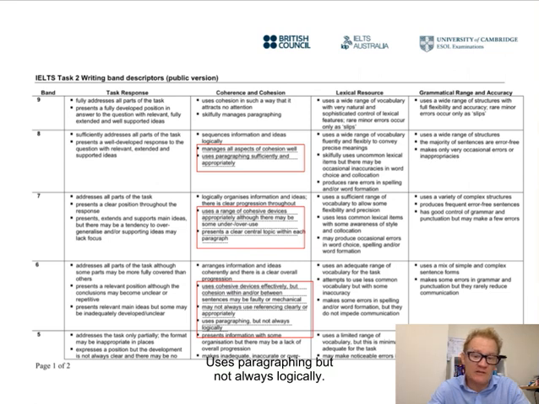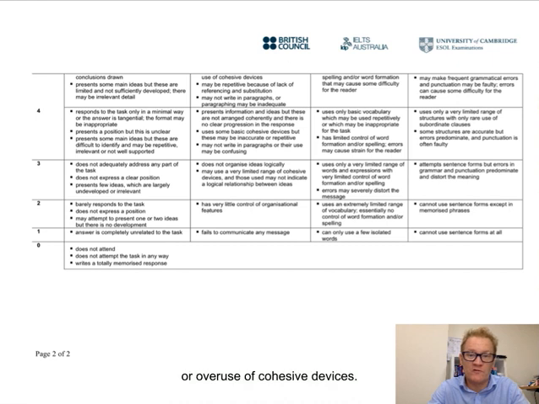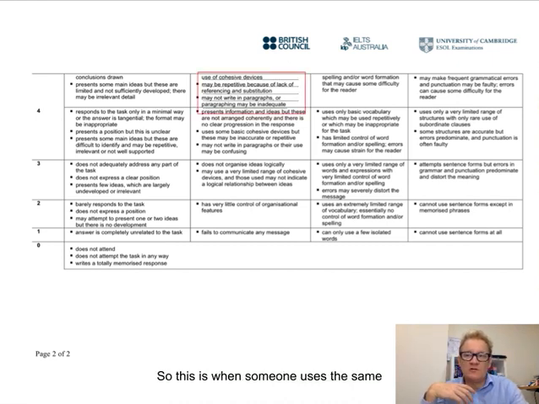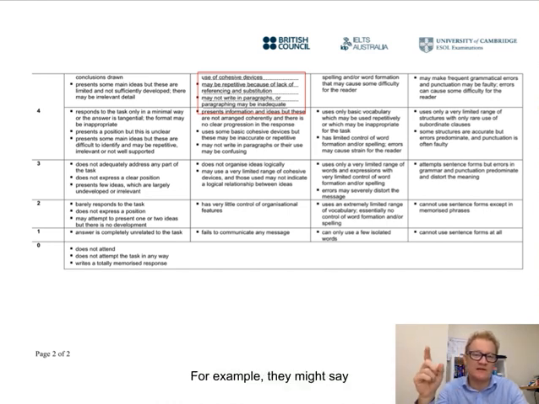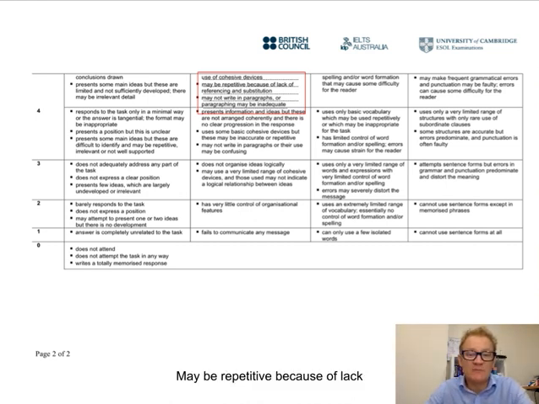It uses paragraphing, but not always logically. 5, makes inadequate, inaccurate, or overuse of cohesive devices. So this is when someone uses the same cohesive device too much. For example, it might say so, too much. Maybe repetitive because of lack of referencing and substitution.